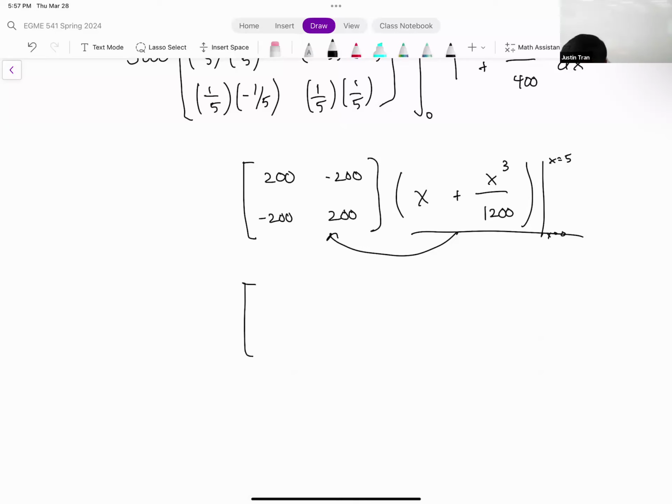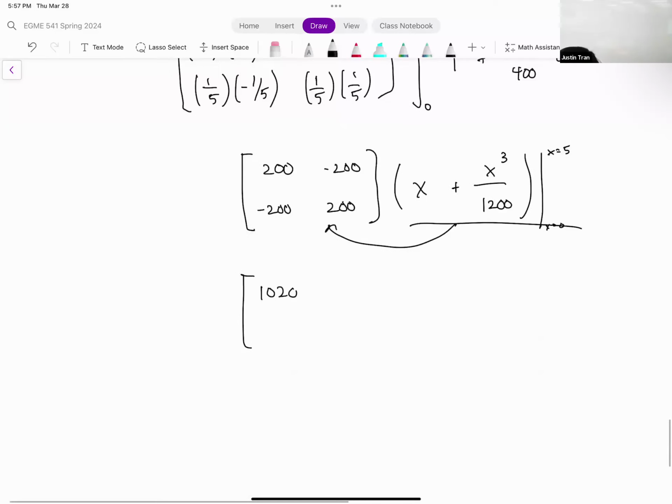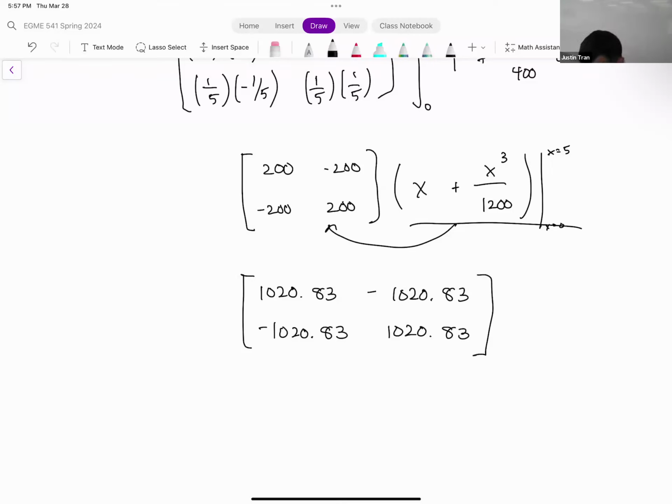If we do that, we get 1020.83, minus 1020.83, minus 1020.83, and positive 1020.83. So that there is our element stiffness matrix for element 1.